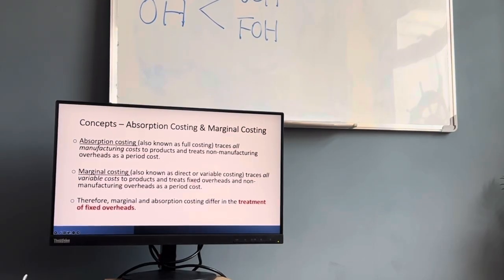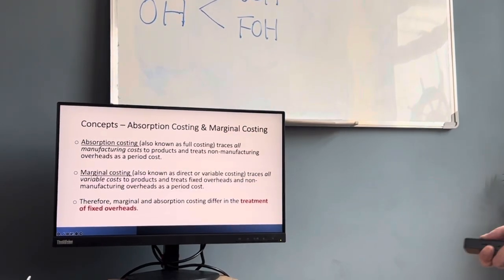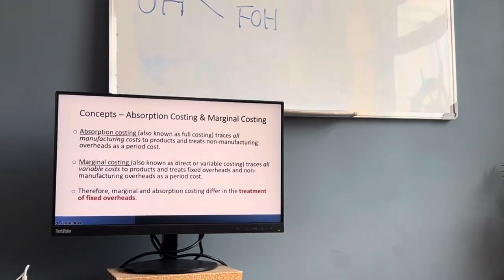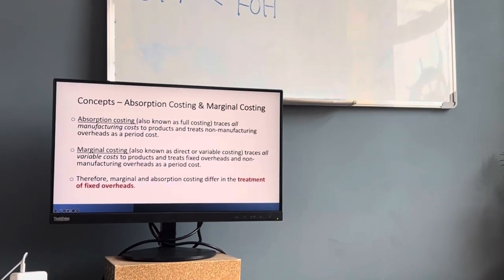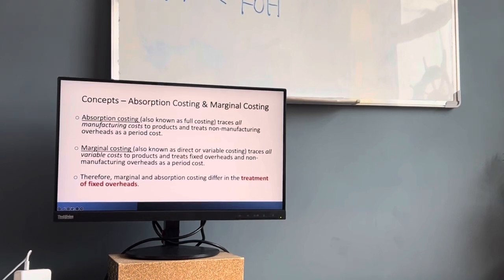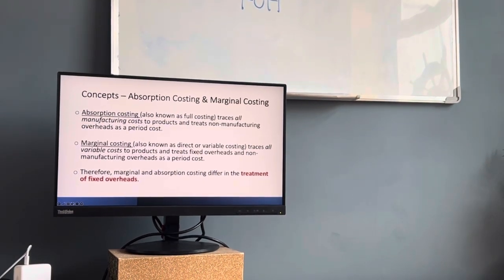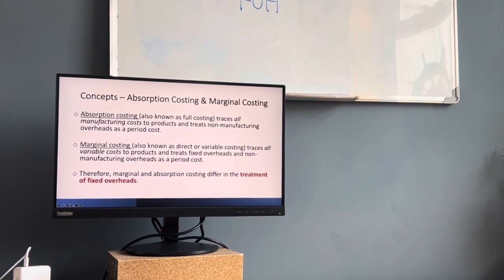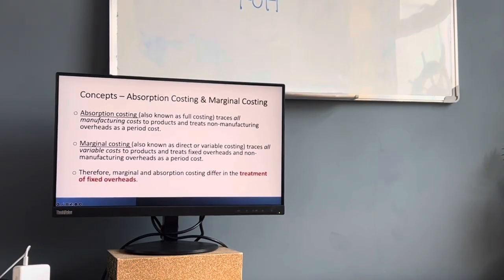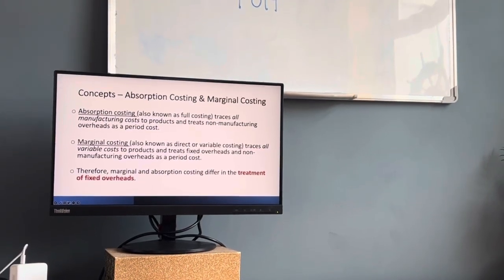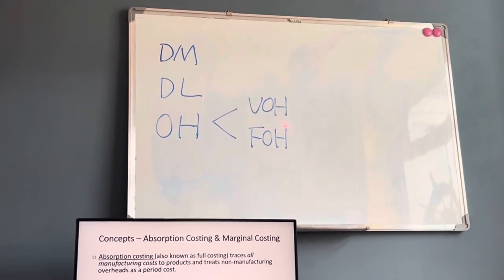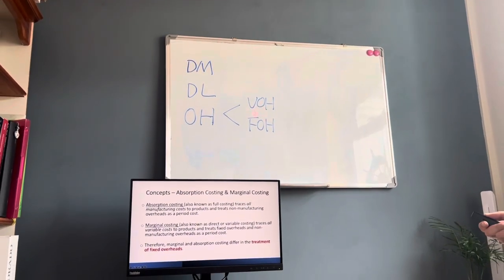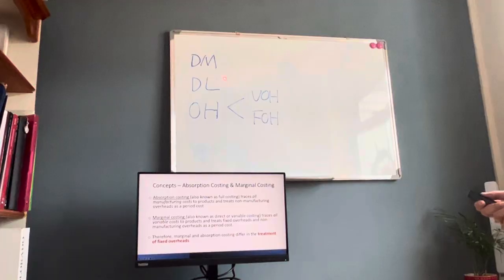Just be careful: when we talk about marginal costing, that's the costing method, as opposed to marginal cost. For marginal costing, we actually only look at direct material, direct labor, and variable overheads as production cost.